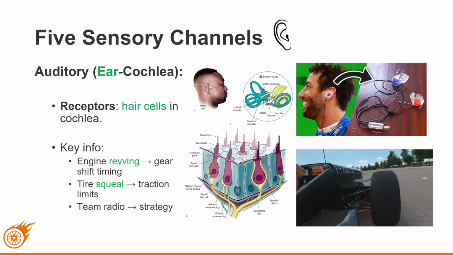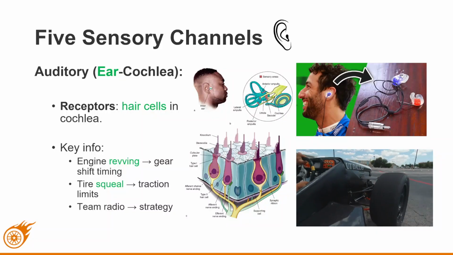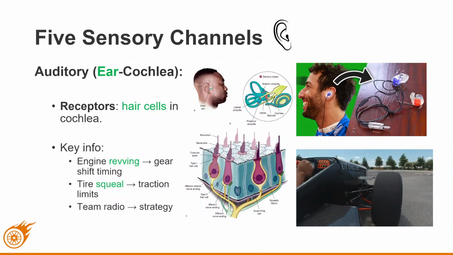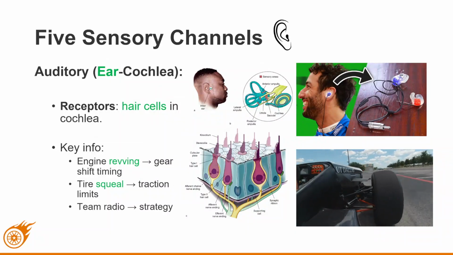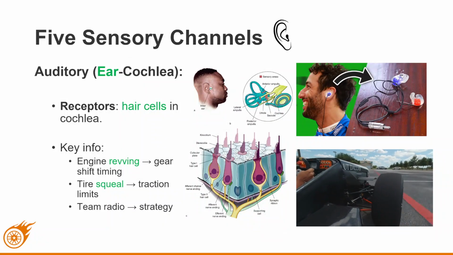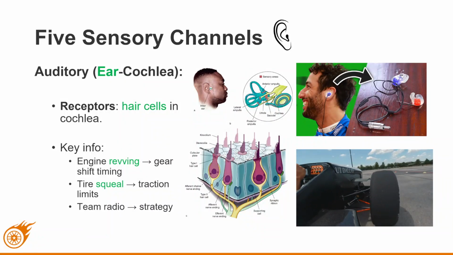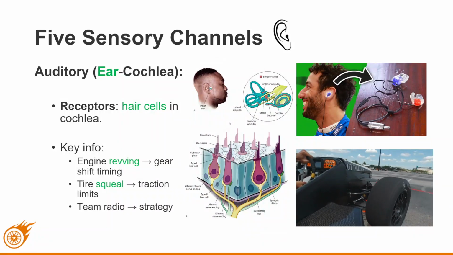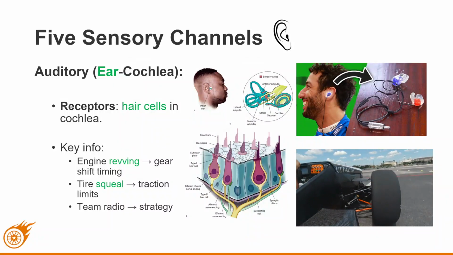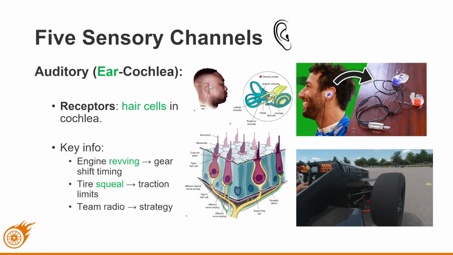The other thing you can hear is the tires squealing, which tells you that you're either understeering or oversteering, in other words, slipping. So traction limits. And the other thing that maybe some teams might have is a team radio of some kind, which kind of clues you into strategy.